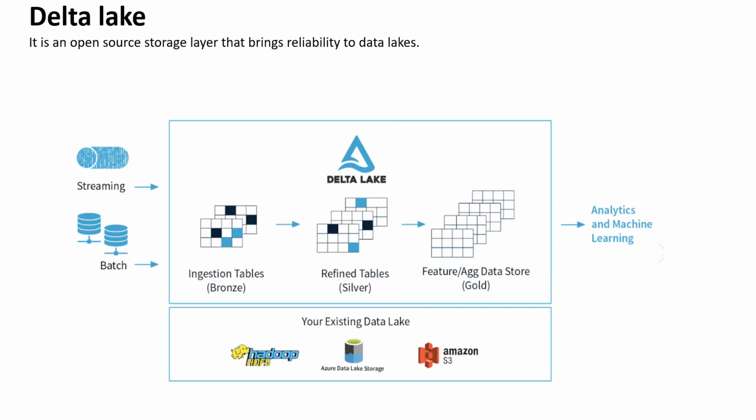They donated it to the Apache Foundation, and now Delta Lake is open source. You don't need to buy Delta Lake separately if you are using Databricks. It's inbuilt in Databricks.